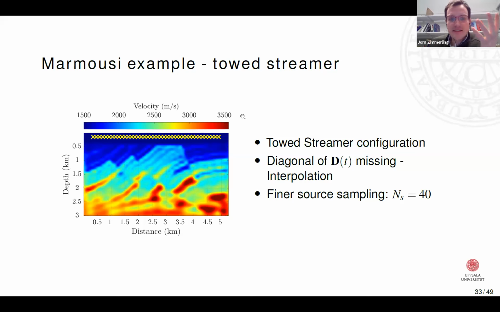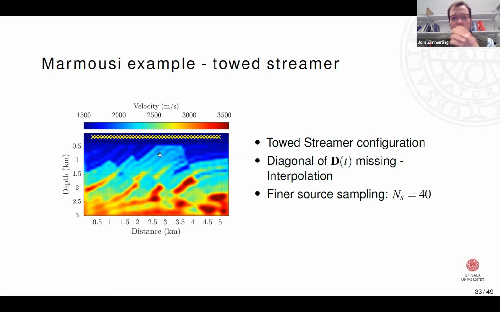Then in seismics, you do not have full array data. So one critique we got on our work was that we require full array access. In order to look into that, we considered a towed streamer setup where you can assume that you essentially measure the whole array except that a source cannot act as a receiver. So we're missing the diagonal of our data matrix.